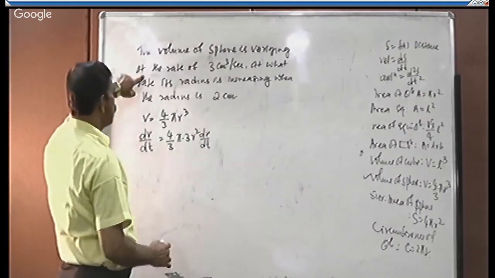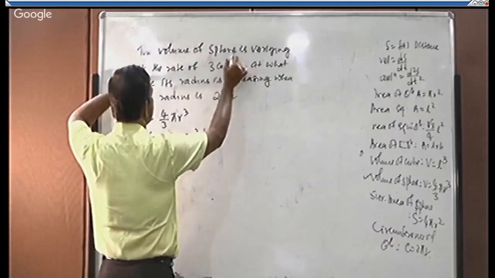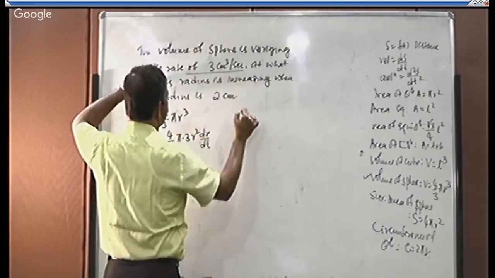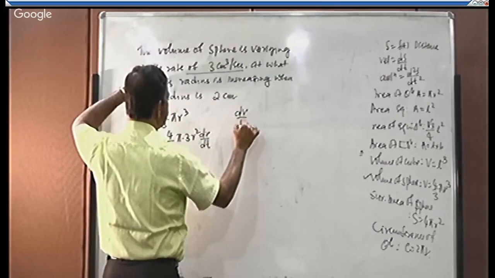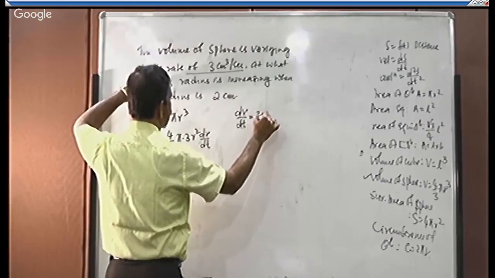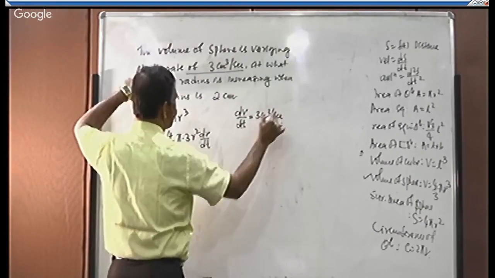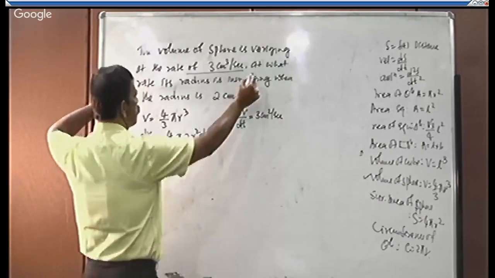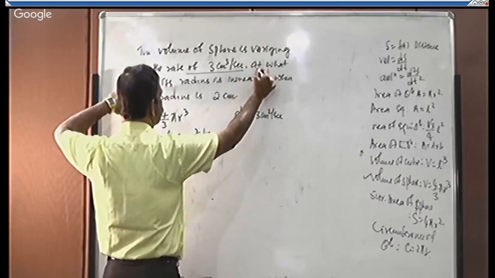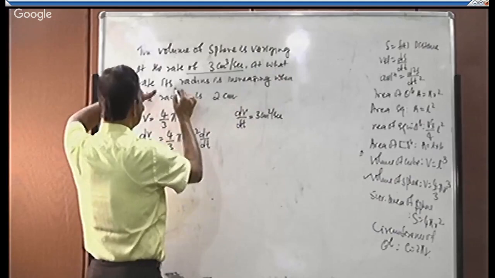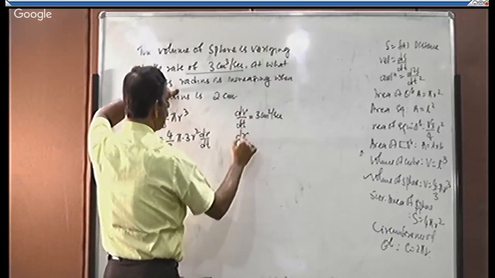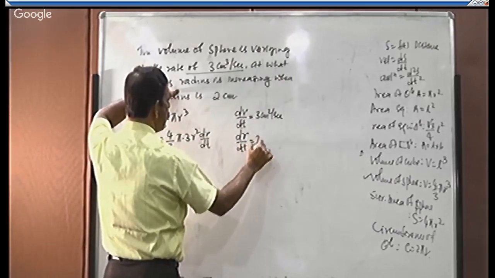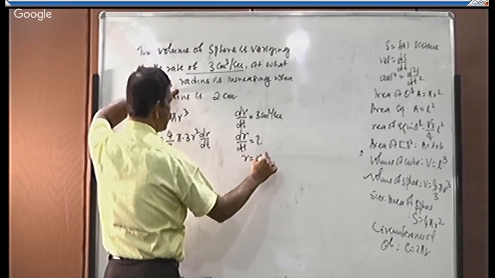In the question, they have given the volume of a sphere is varying at the rate of, means dV by dt is equal to 3 centimeter cube per second. Right? What are they asking? At what rate its radius is changing, means dr by dt is how much, when the radius is 2 centimeter.